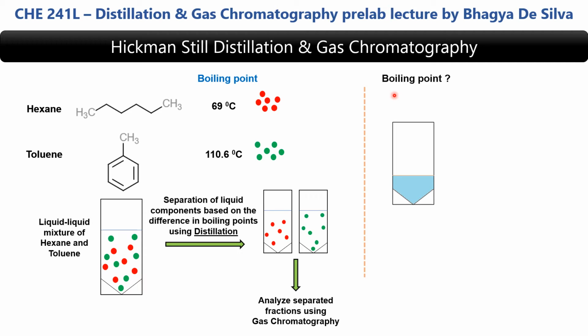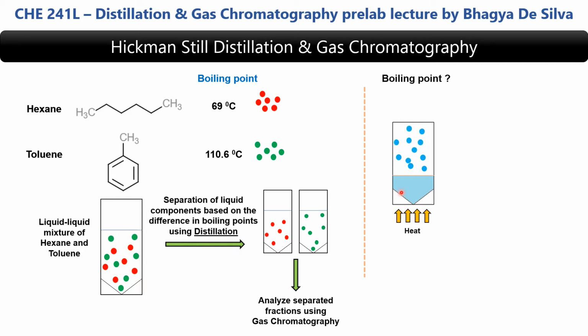What do you understand when we say boiling point? If we have a liquid in a closed system and we supply heat to this liquid, molecules will start to evaporate and form vapor or gas molecules.